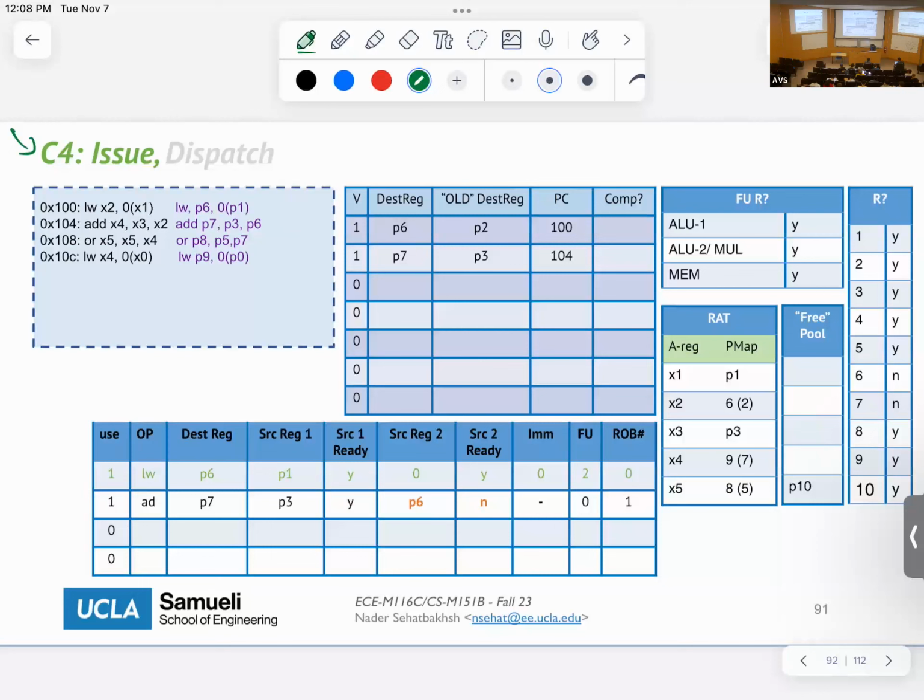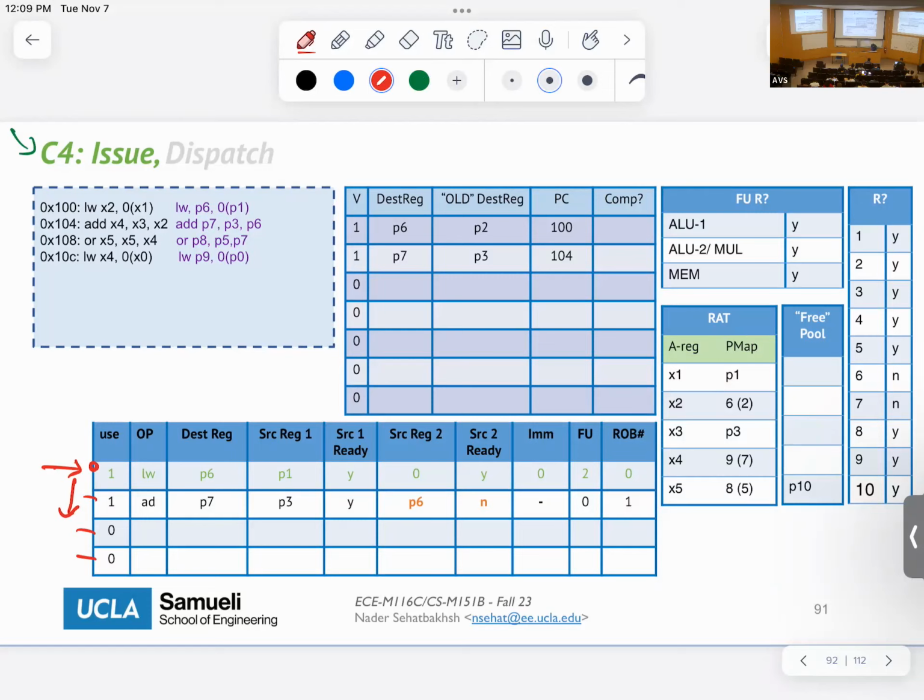You can think about issue logic as basically this thing that goes through this table as a for loop. So it starts always from here and checks all of these rows and sees if there is a row whose ready bits are equal to 1. So all the source registers are 1, and the functional unit is also ready.